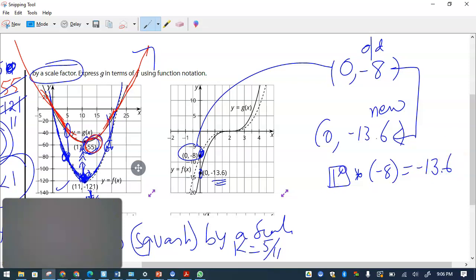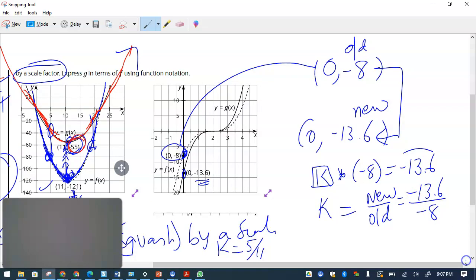The scale factor k is always the new output divided by the old output. So you divide minus 13.6 by minus 8, two negatives make a positive, and I think it is 1.7. So you get the answer 1.7 and you are done.